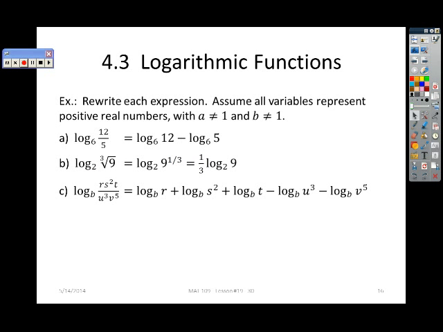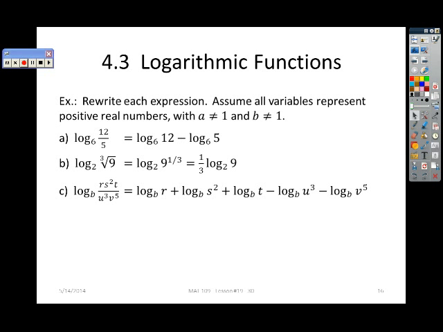If you have a very complicated combination, just do it a piece at a time. We have products here, so we can break that into sums. We have quotients, so we can break that into differences. We have powers, so we can bring that down.